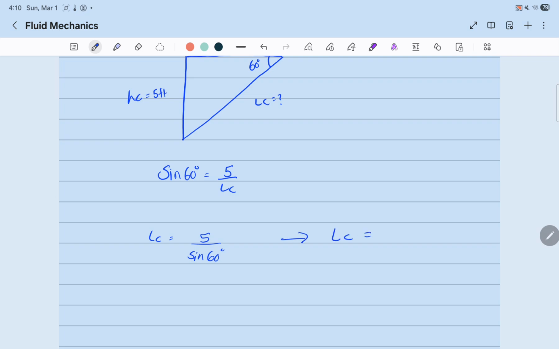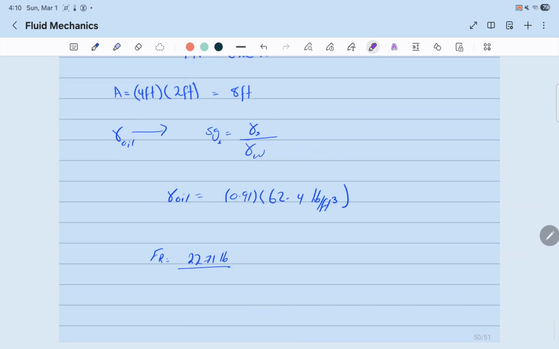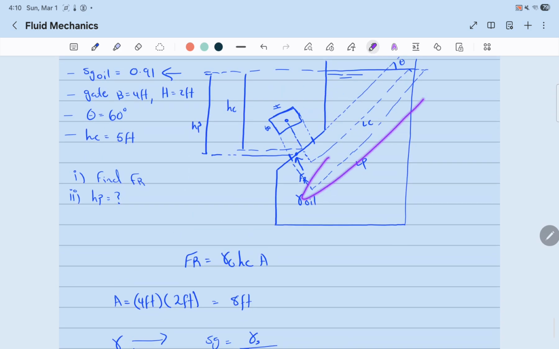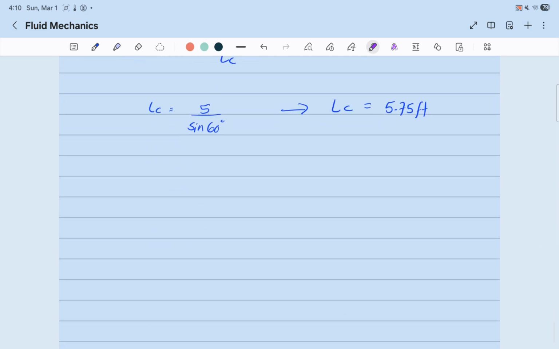LC equals 5.75 feet. Now we can use LC to find LP, which is what we really want, in order to find HP. Okay, so using this equation, LP equals LC plus moment of inertia over LC A.